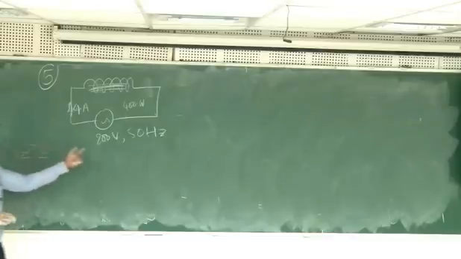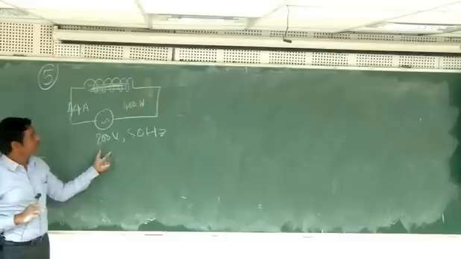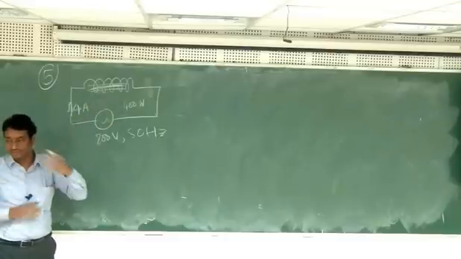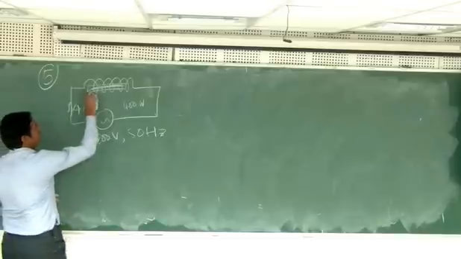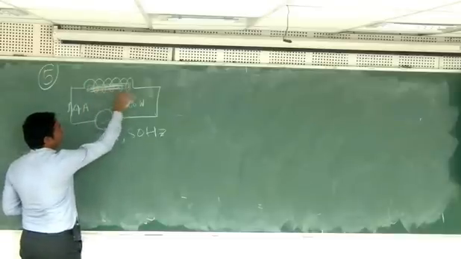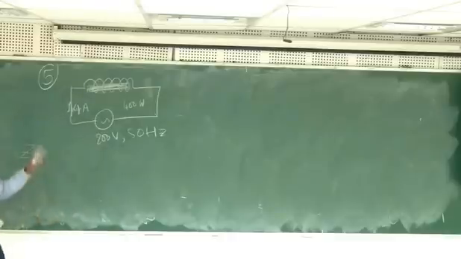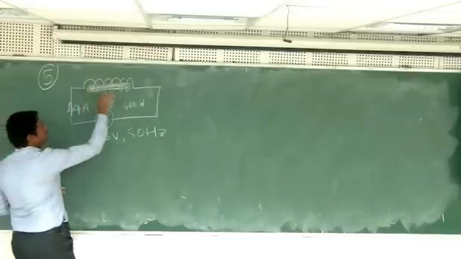Now, just to concentrate here, what is happening in this circuit is that alternating current is flowing, so the flux in this core also keeps on alternating. That means, if this is an electromagnet, it has north pole, south pole in one cycle, and in the other part of the cycle, south pole and north pole.